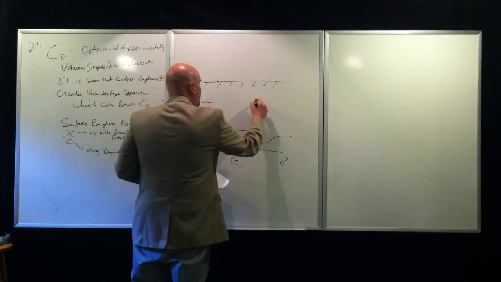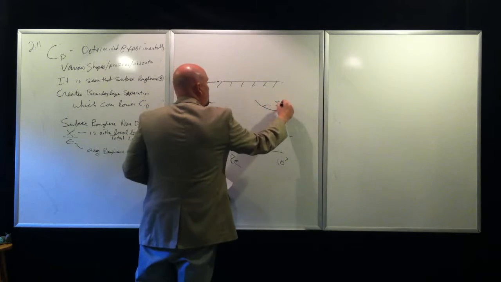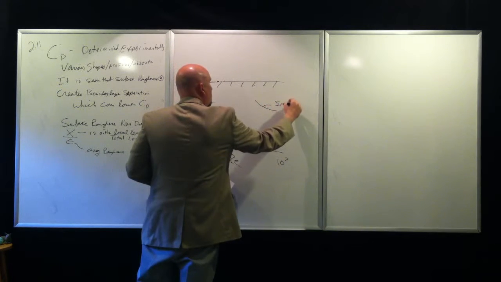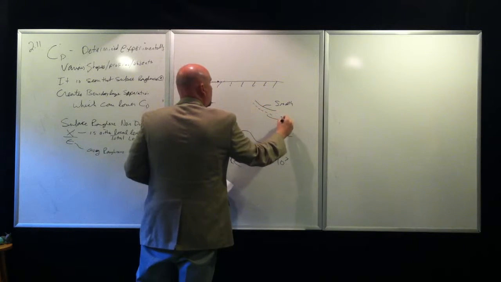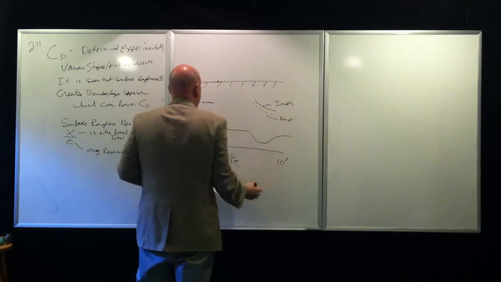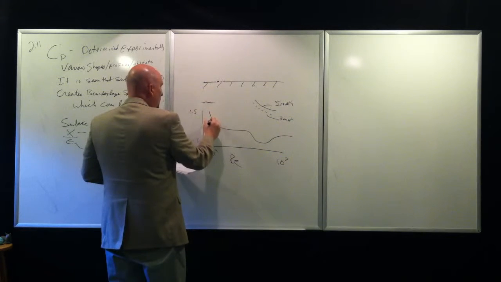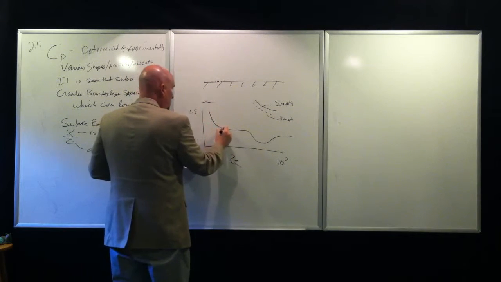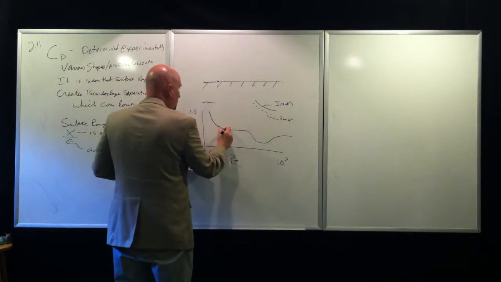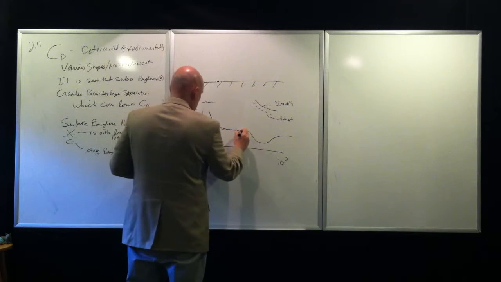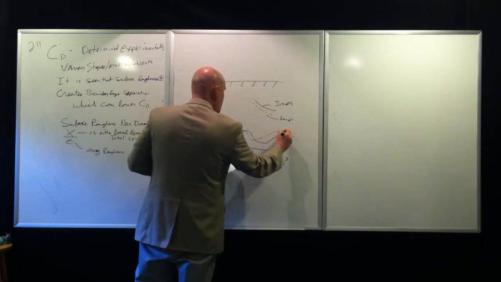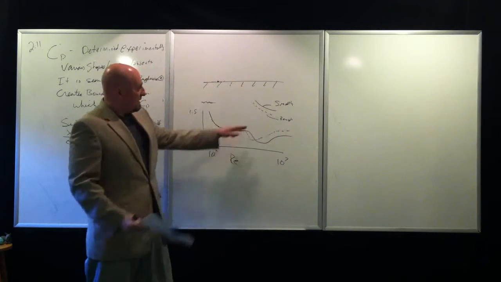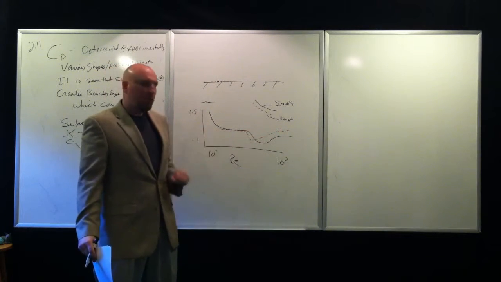Now, let's say that the solid line is for smooth, and then we can have a dotted line for our rough. So surface roughness, again, is going to be dependent upon Reynolds number.